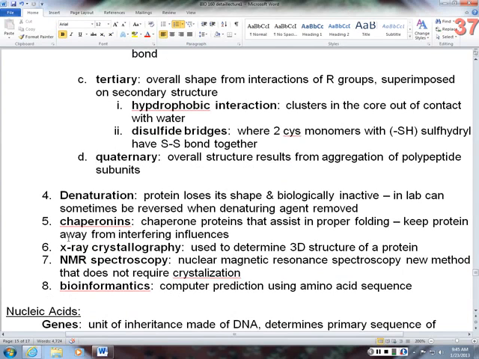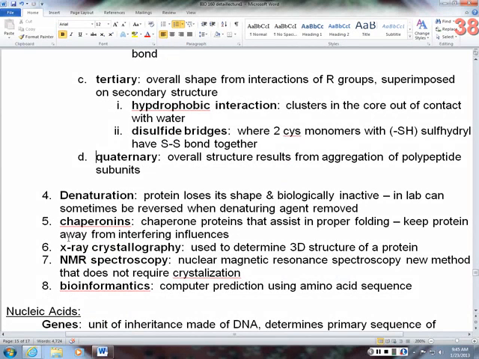So if you think of taking an egg, when you crack that egg open into the frying pan, you put enough heat into it that it changes the structure of that egg permanently. You can't unfry that egg. It's been denatured. It's still an egg. It still has the same amino acids in it. You've just changed how they hook together.